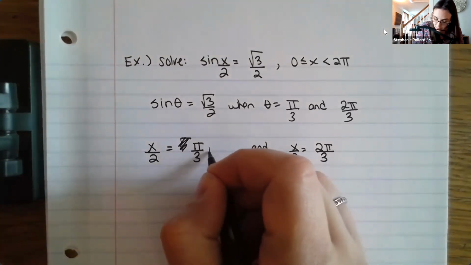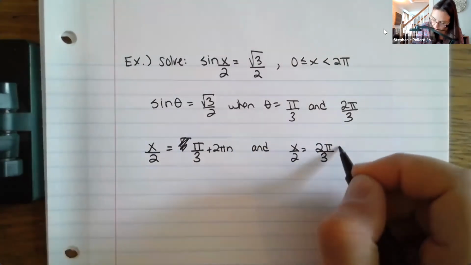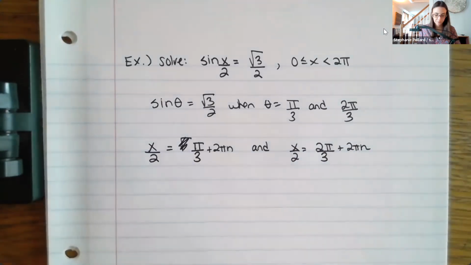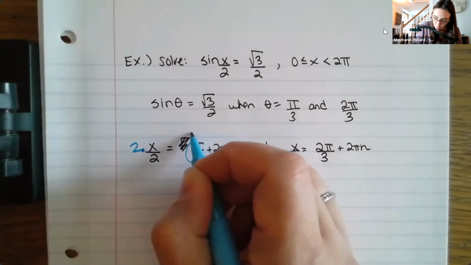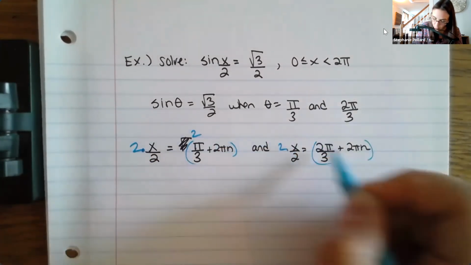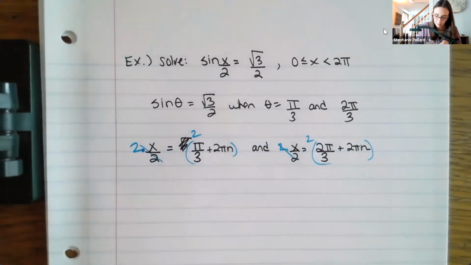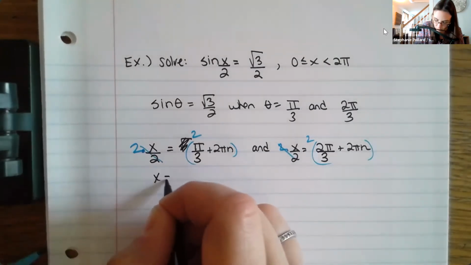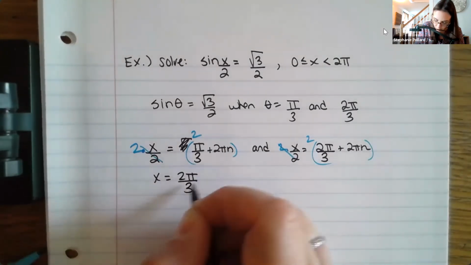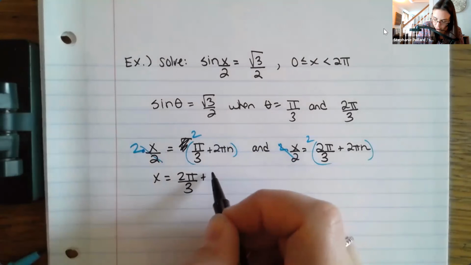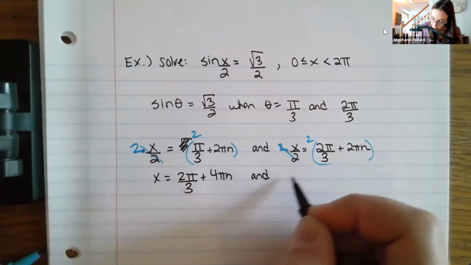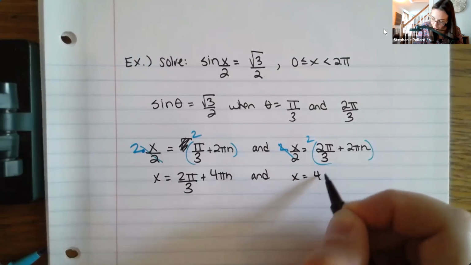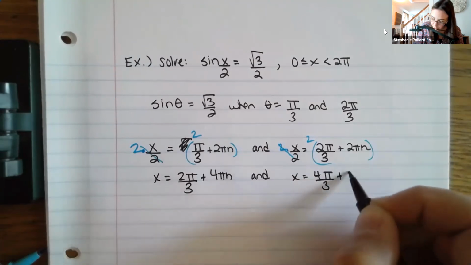So again, we're going to add that 2 pi n. Now I do want to get x by itself. So here, because it's a fraction, I'm going to multiply both sides by 2. And I'm left with the fact that x is equal to 2 pi over 3, and then to multiply that 2 through, plus 4 pi n. And then also, x is equal to 4 pi over 3 plus 4 pi n.